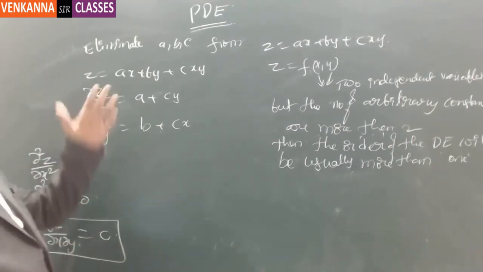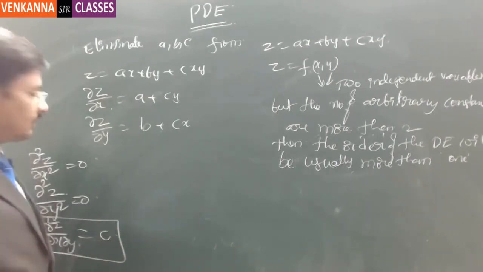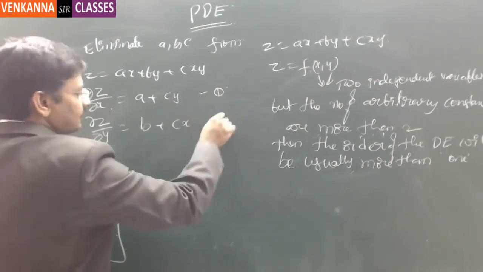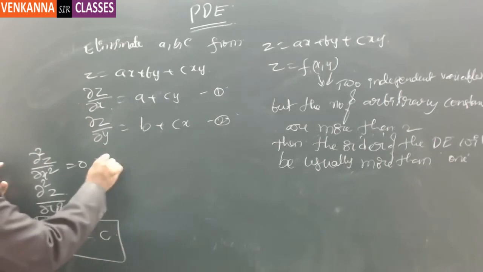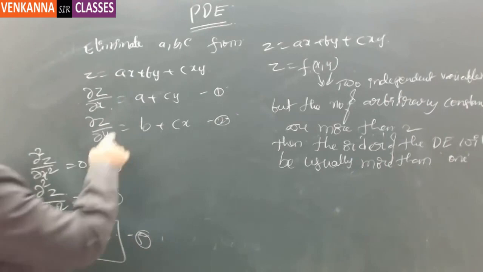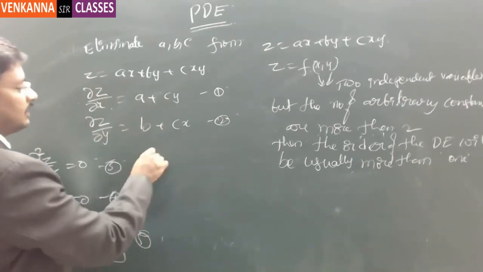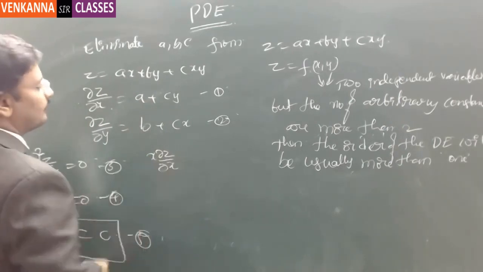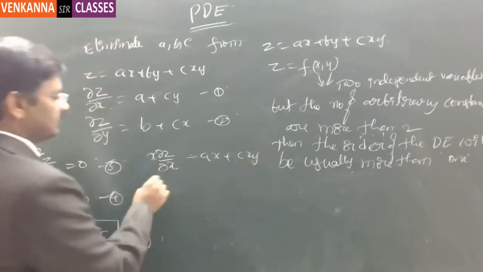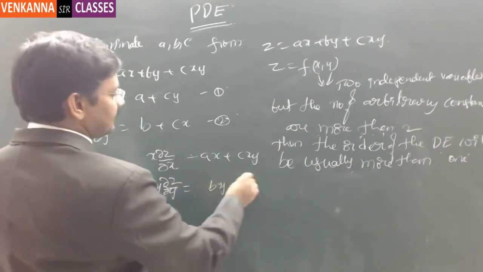And here z is equal to ax plus by plus cxy. So this is equation number 1, this is equation number 2, this is equation number 3, this is 4, and this is 5. From this equation, I want to get the value of ax plus by so that I can simplify this. That is, x dou z by dou x is equal to ax plus cxy. Similarly, y dou z by dou y is equal to by plus cxy.